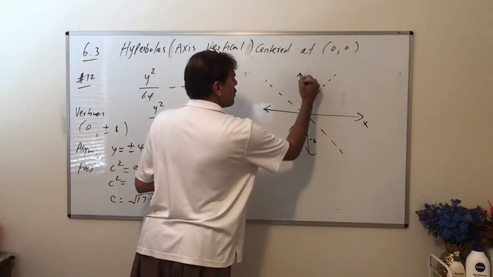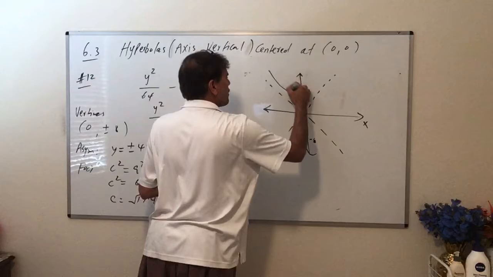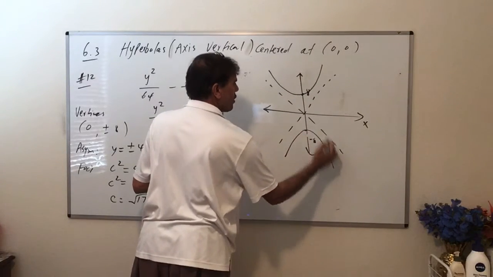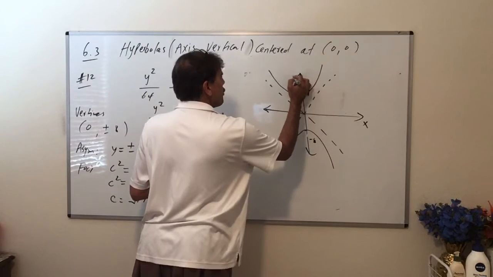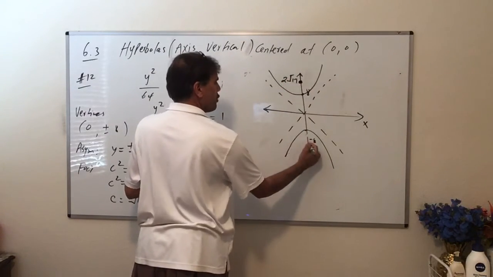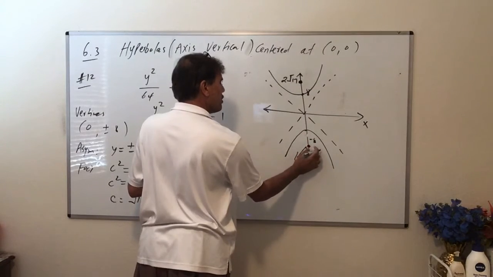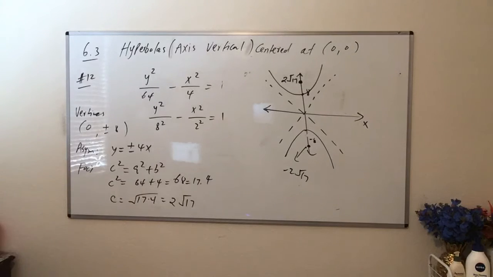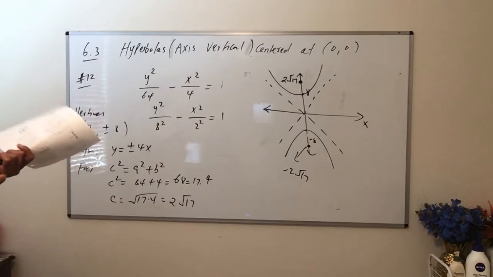Then the graph is going to look like this, and like this. This point here is your c positive, which is 2 root 17, and this is c negative, negative 2 root 17, and that's your graph. You're done. Pretty simple. Remember the direction of the graph, then everything else is pretty similar.